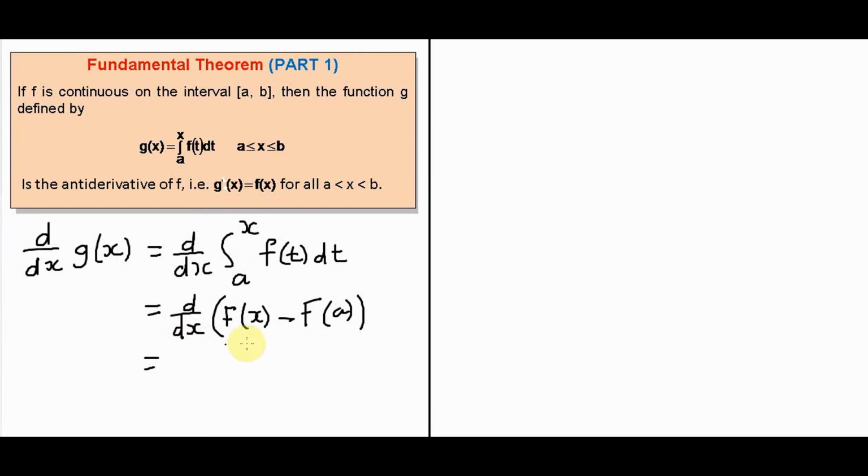Applying the derivative into the brackets, we'll get capital F prime of x minus 0, since this is a constant, and since capital F is the antiderivative of small f, capital F prime will equal small f. So here we assumed that the antiderivative of small f exists and it's equal to capital F. We want a proof that does not make this assumption.